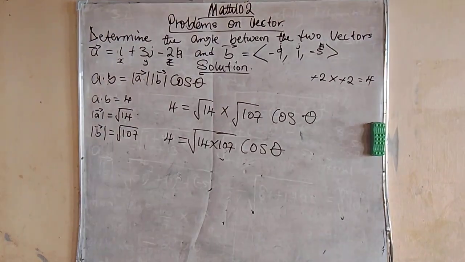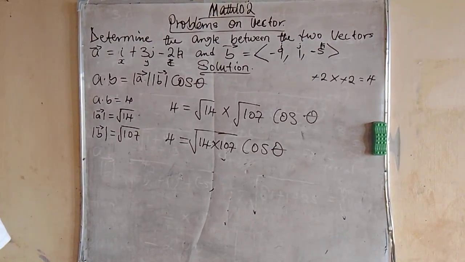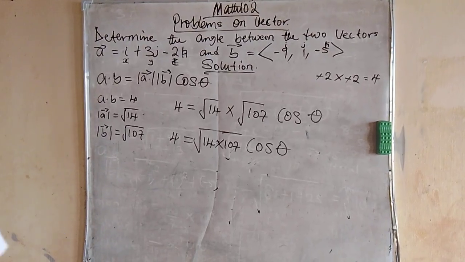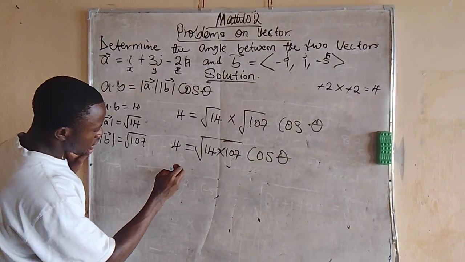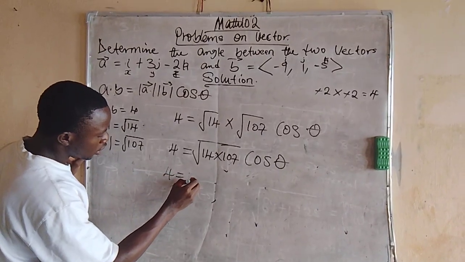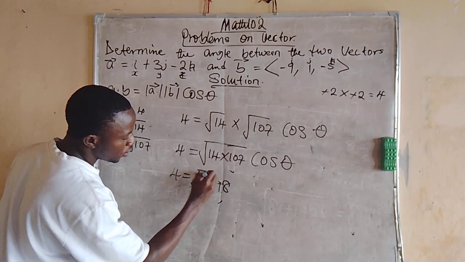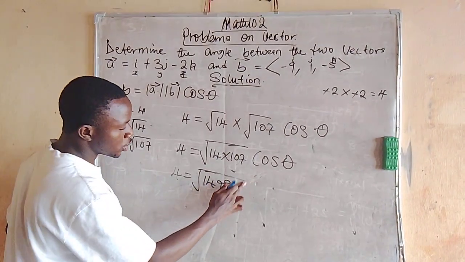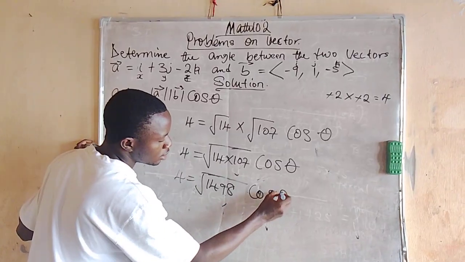This calculator is not working. 14 multiplied by 107, we have root 1498. Okay, this is what? 4 equals to square root of 1498. When you punch your calculator, that is what you have. So cos theta.